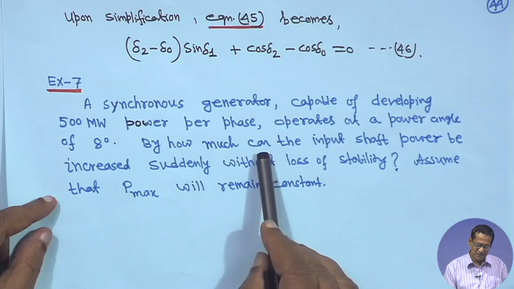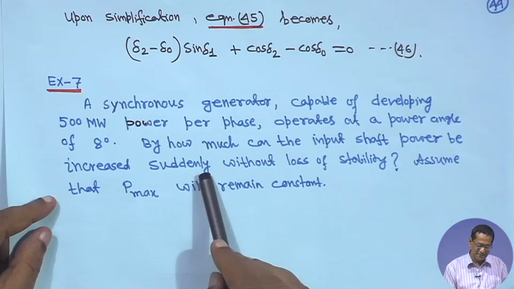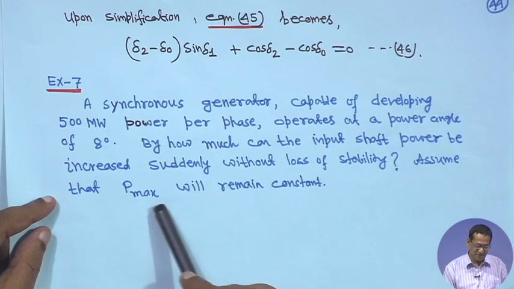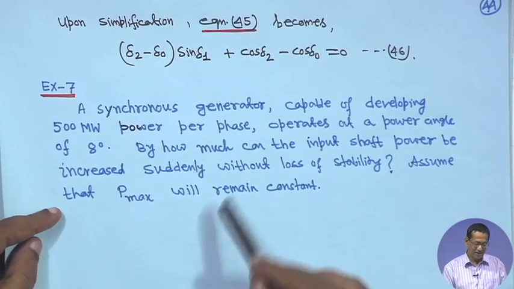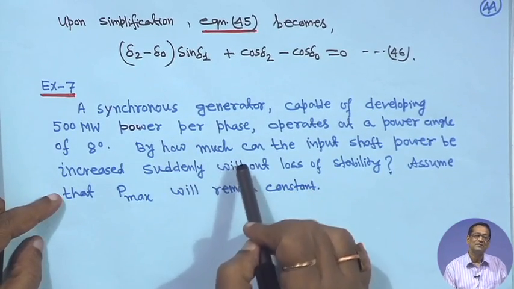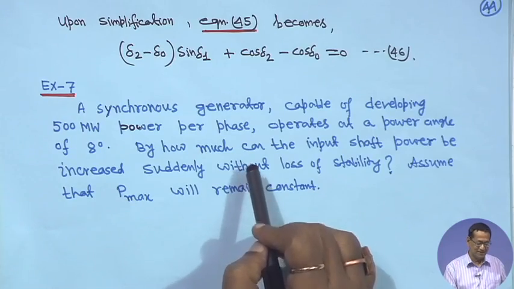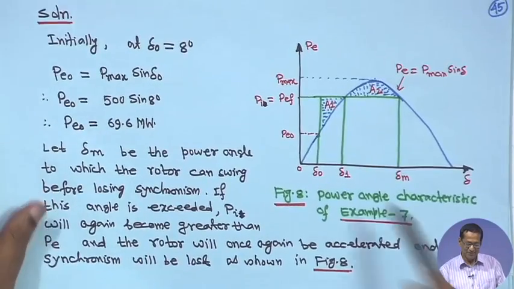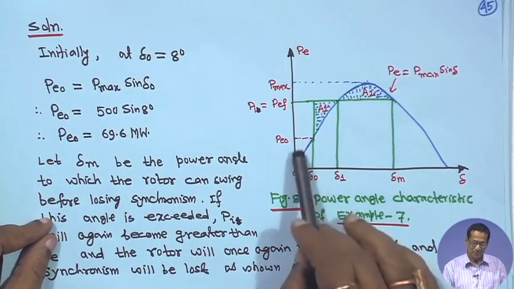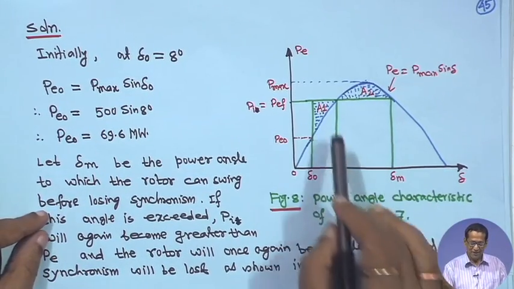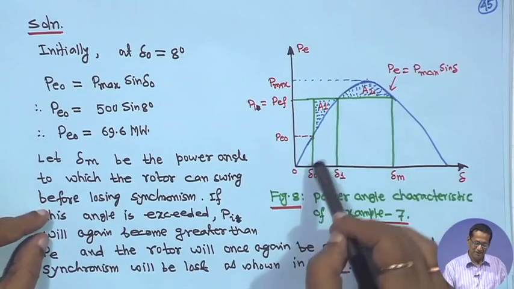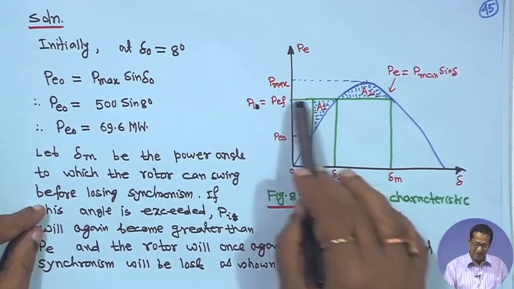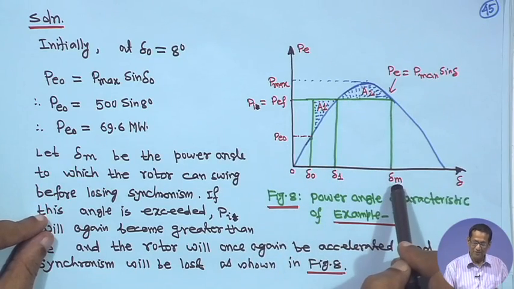By how much can the input shaft power be increased suddenly without loss of stability? Assume that P max will remain constant. Somewhere you will find this kind of problem taken as a mathematical development. Here, this is P 0, suddenly it has increased to P I, and this is the maximum angle it can go up to, delta m.